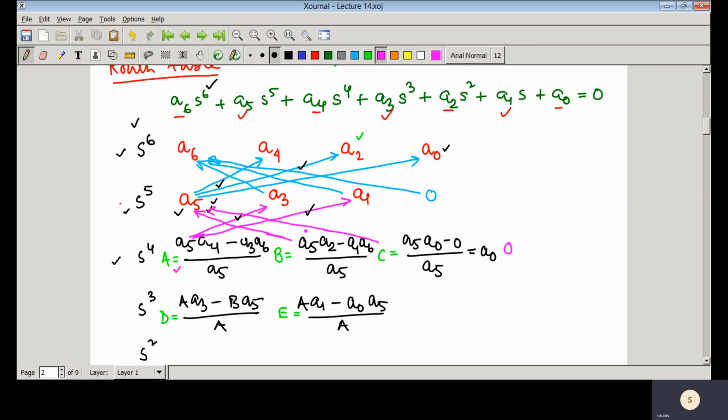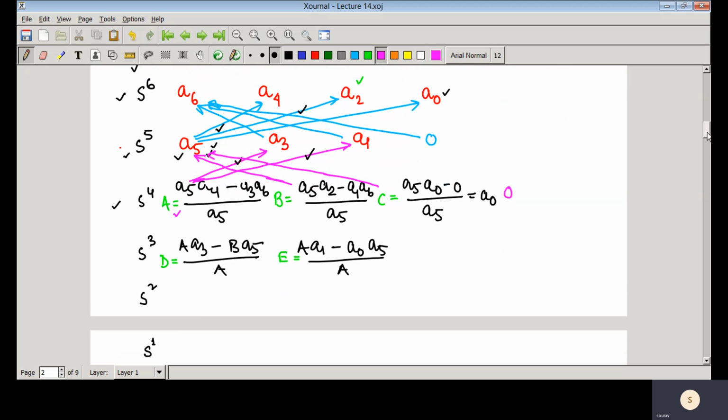So the next one is, say, this term into this, then this term into that. So what will we get? That is DB minus EA, divided by D, this term.